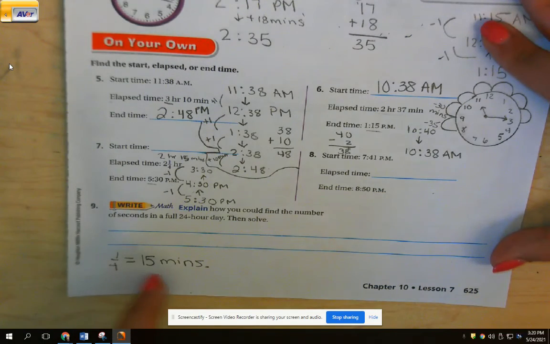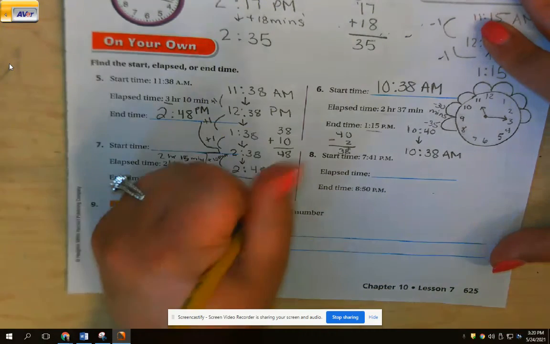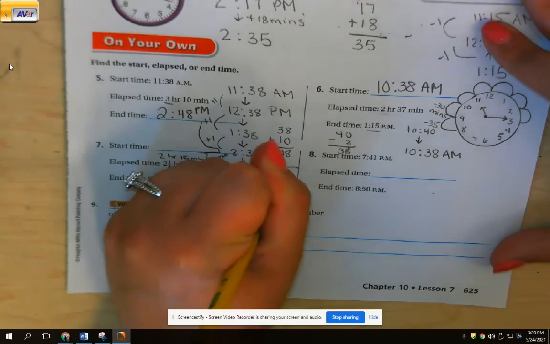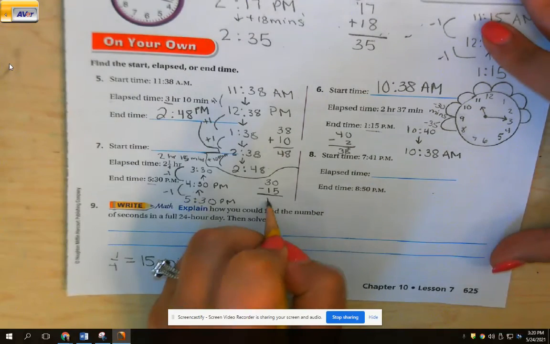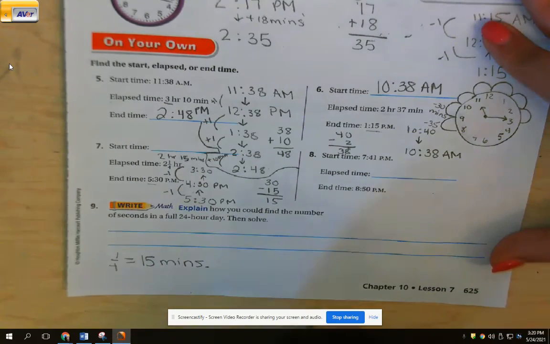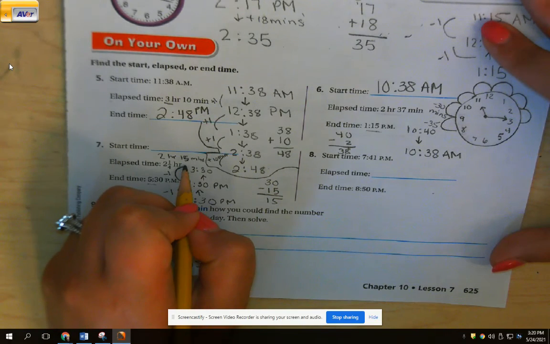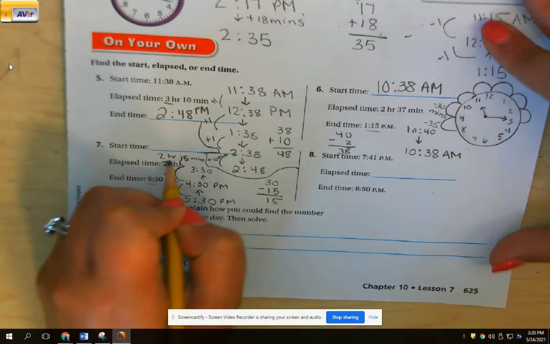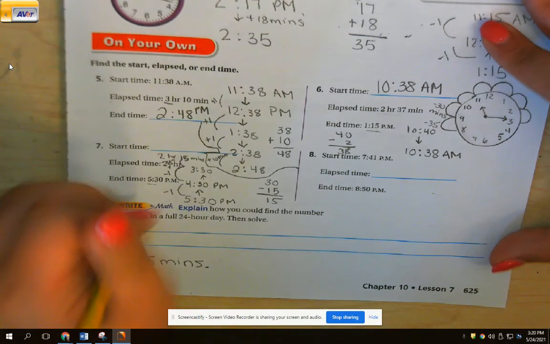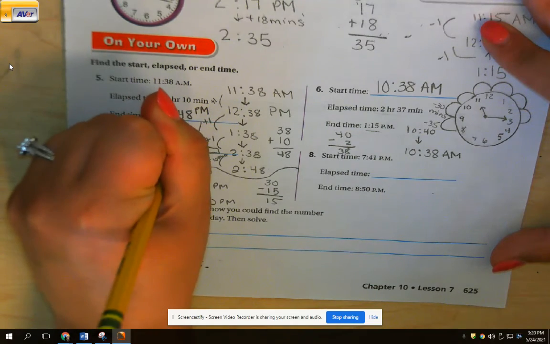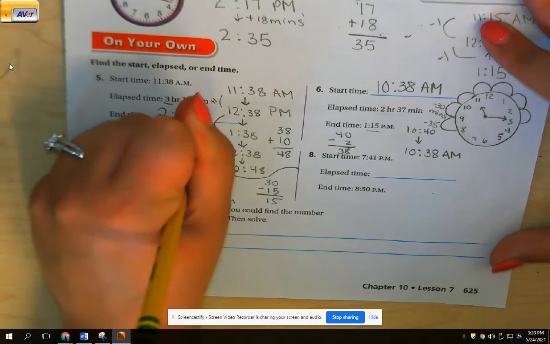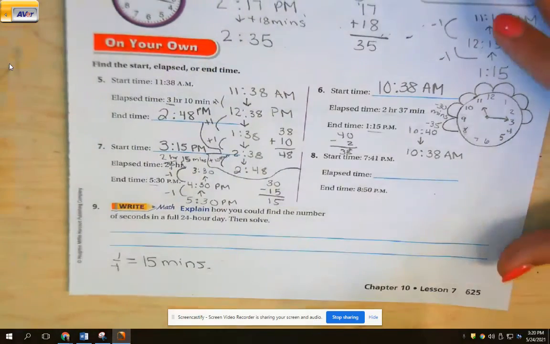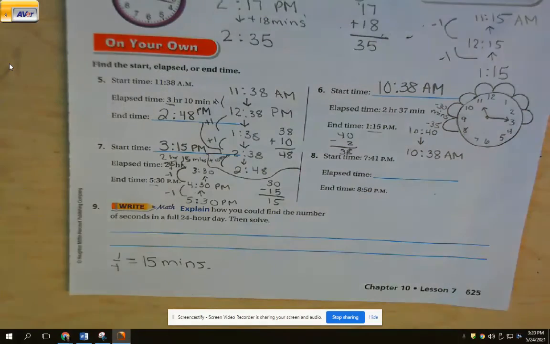Now we need to subtract those 15 minutes. 30 minus 15 is 15. So if we did 3:30 minus 15 minutes, we would get 3:15 p.m. I know I didn't have a lot of room there. I tried to keep it as neat as possible.